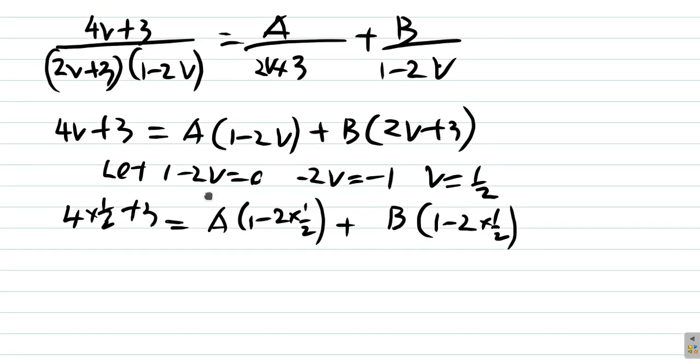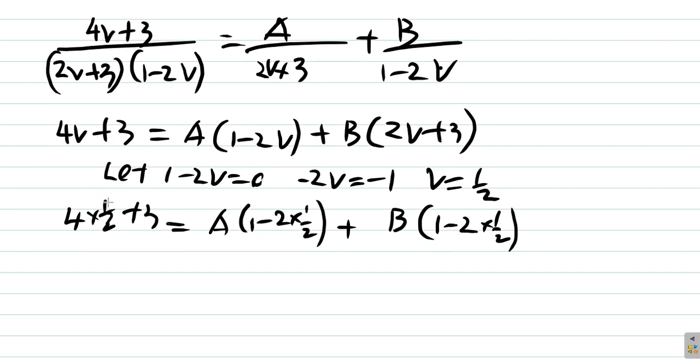So what we would have now, 4 by half is 2. So 2 plus 3 is 5 equal 2 by half is 1. 1 minus 1 is 0. This is 0 plus 2 by a half is 2. Oh my.